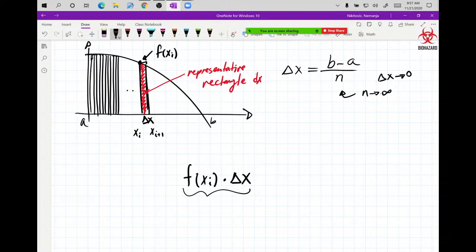So this is one representative rectangle. The area of one rectangle is height times the width. That's your elementary school math, right? You know how to find the area of a rectangle. Nothing new there, nothing special there.